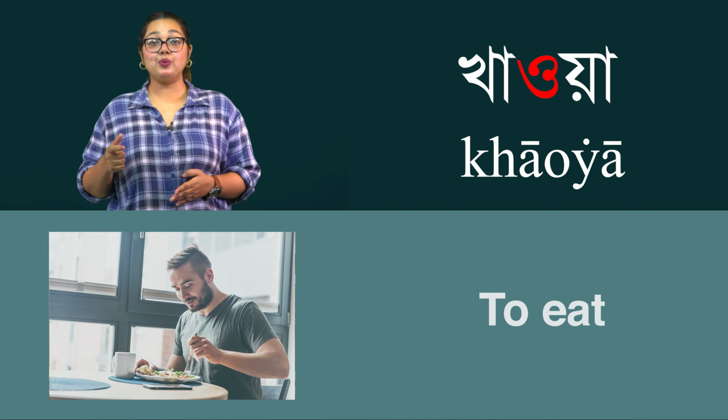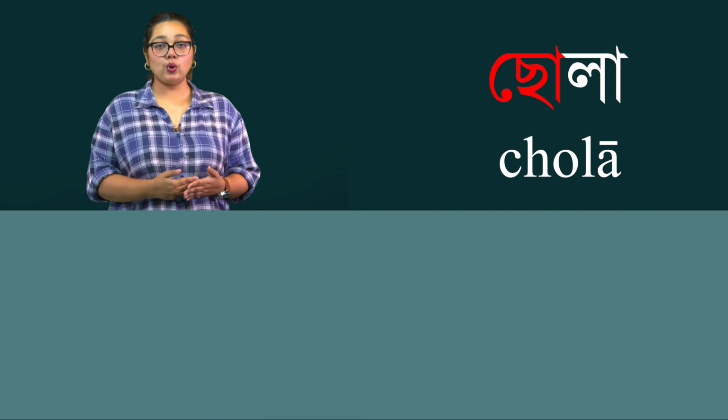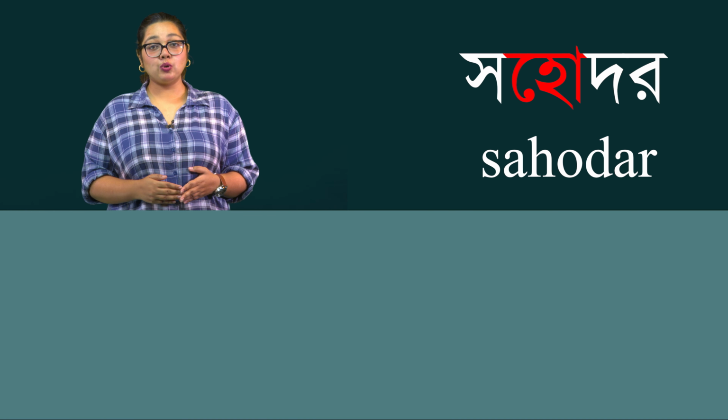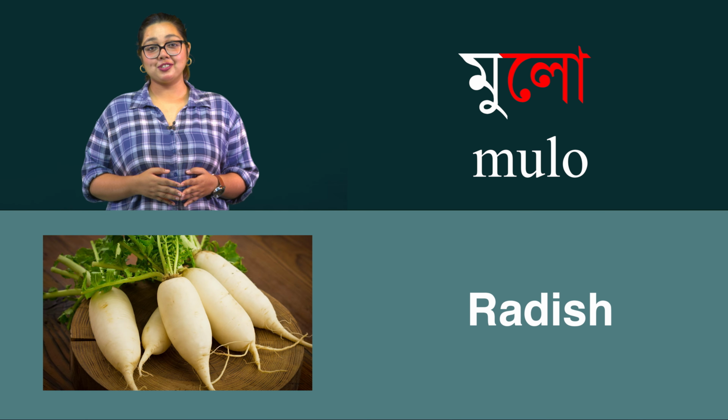Word medially, as in khawa, means to eat. And word finally in jao, which means go. Orthographically, the diacritic marker okar can occur word initially, such as chola means chickpea, word medially in shohodor, which means brother, and word finally in mulo, means radish.